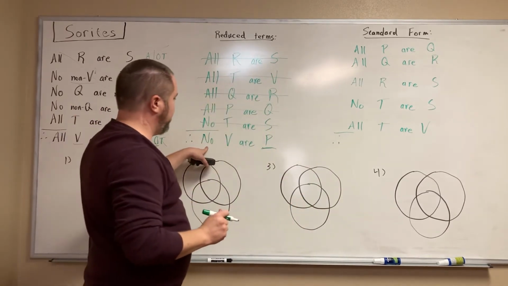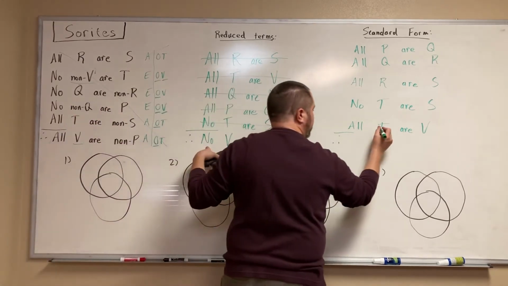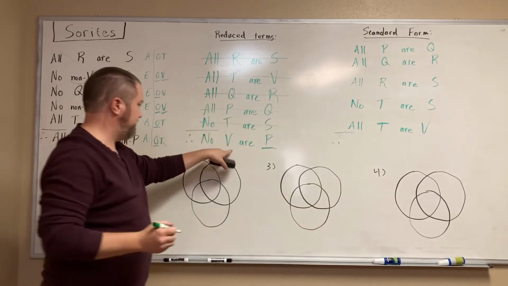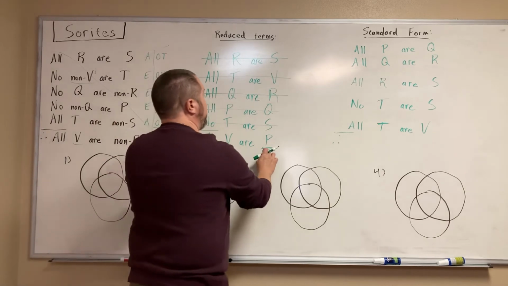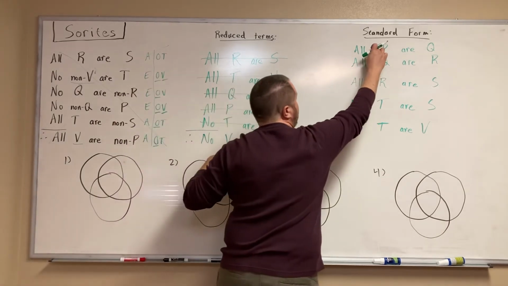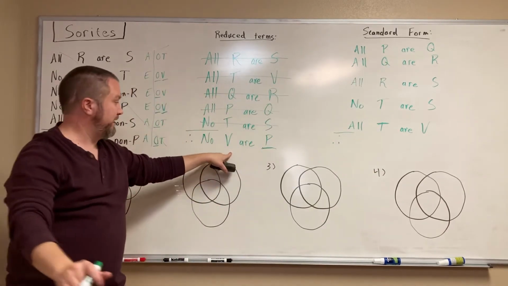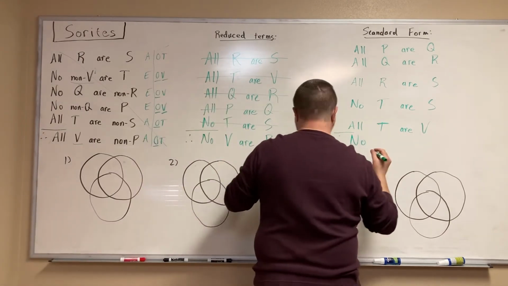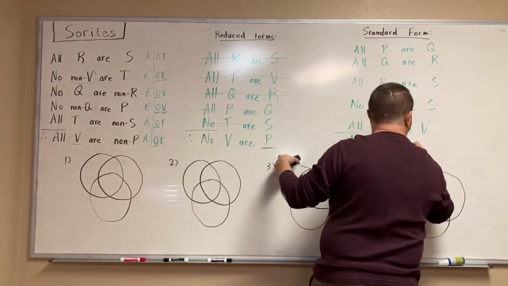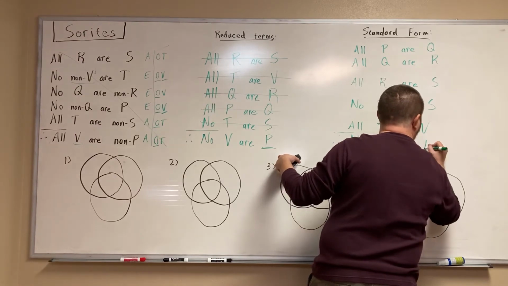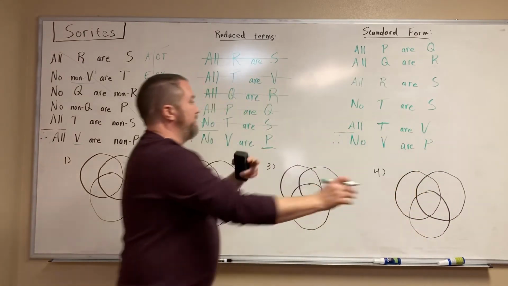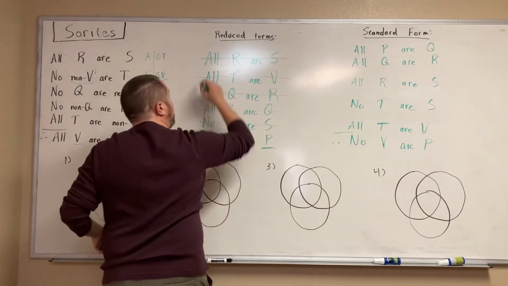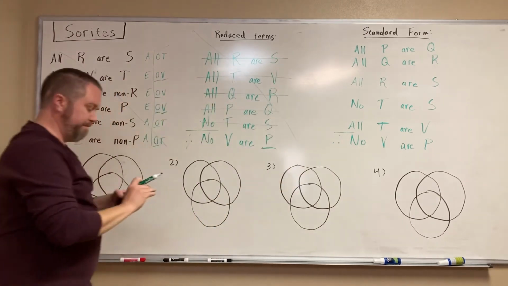We should be able to bring over the conclusion. We've used up T, so the conclusion should have V in it, which it does. And then the other term is up at the top. So it looks like everything's good. So let's carry over the conclusion here. All right. So we should have it in standard form. We don't have to worry about this anymore.